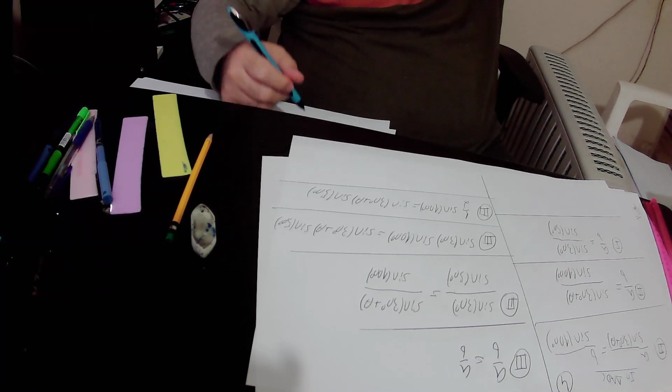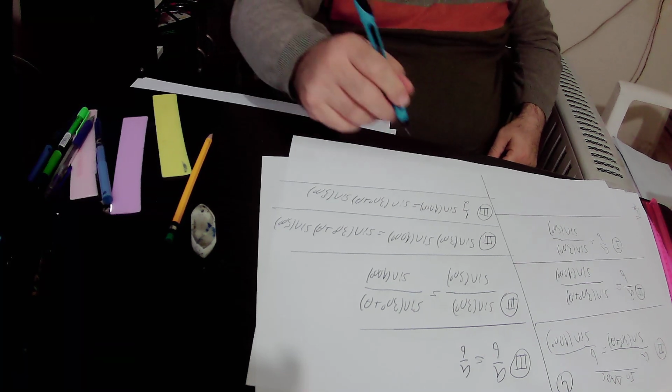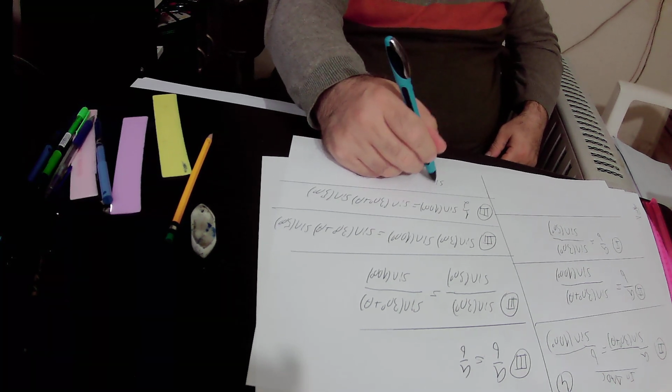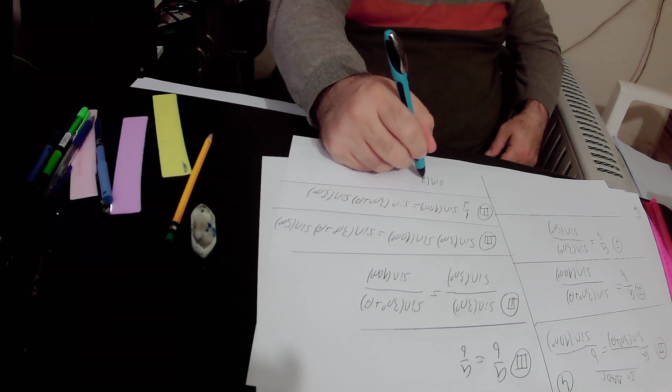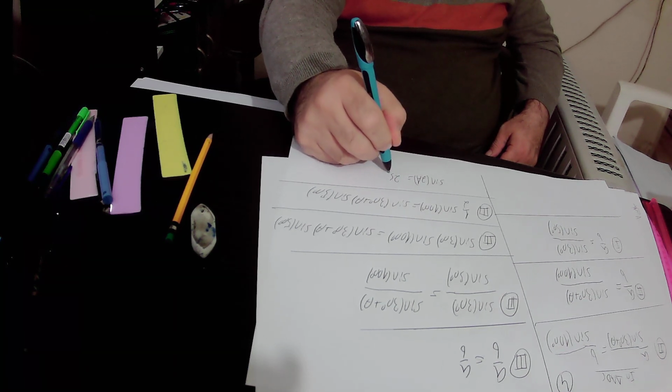Here we will use the trigonometric identity that states that sine 2a equals 2 sine a cosine a.